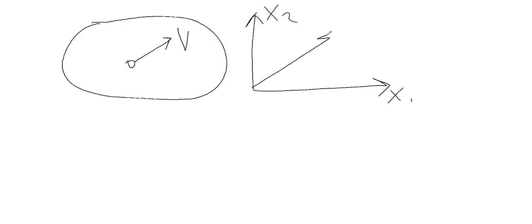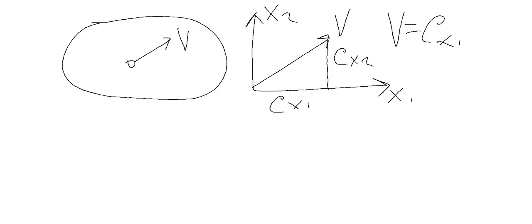This is our vector v, and it has two components, component cx1 and component cx2. The total velocity is equal to cx1 plus cx2.